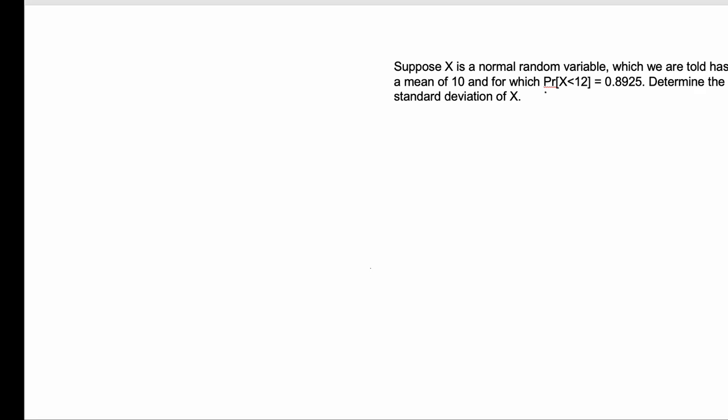So this value here that the guy gave me was found by doing a standardization. So whatever I need to do, determine sigma, the standard deviation, whatever I have to do, I have to consider that this variable x was standardized because the guy found the probability. So what did the guy do?